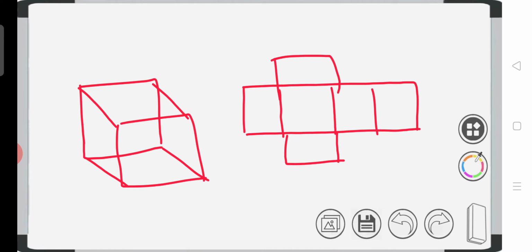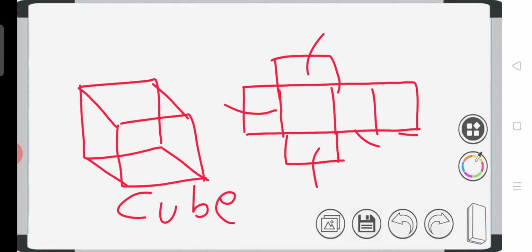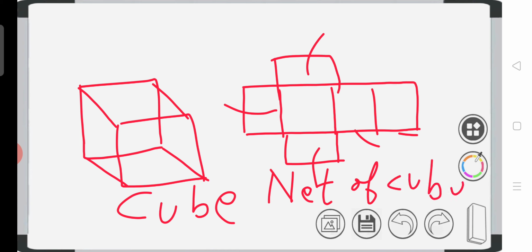So when you fold this top one, this one and this side one and the other two squares, then you will see that this cube will be formed. So this is the net of this cube. Similarly you will find out which one is the net of the given figure.